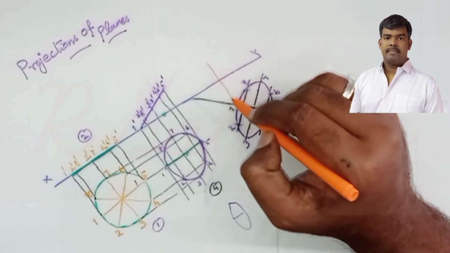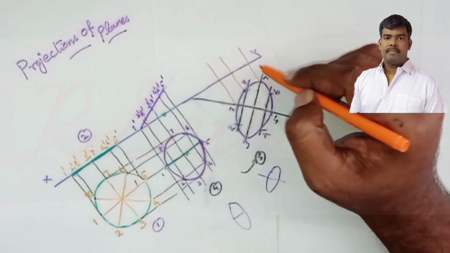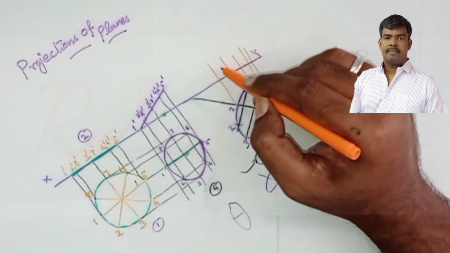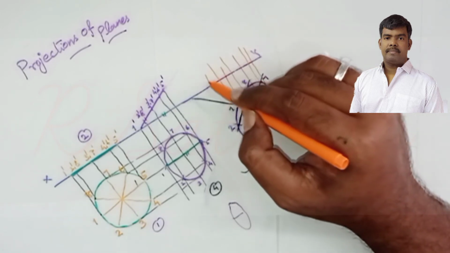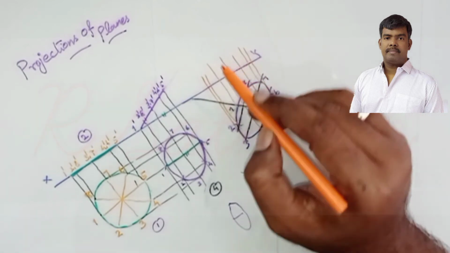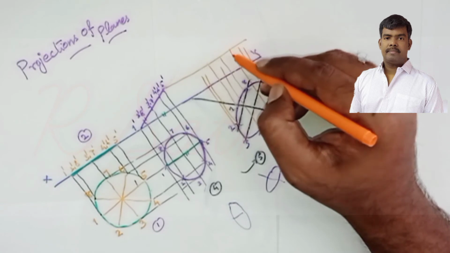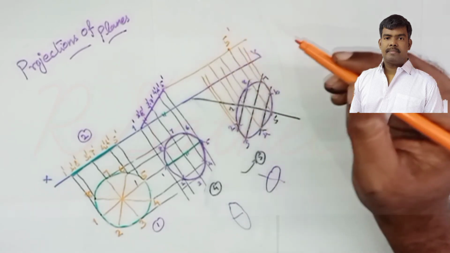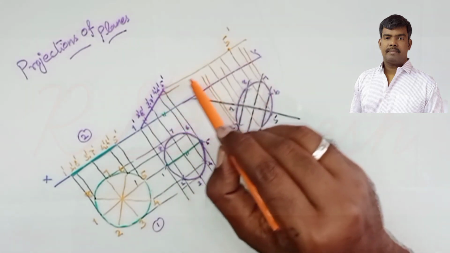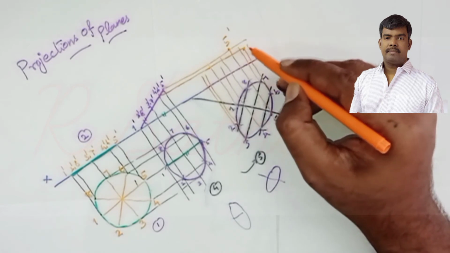So from 1, from 8, from 7, from 6, from 5, 4, 3, 2. Now this is 5, 5 versus 5 dash. Clear? Next 4 and 6. Last one is 6.